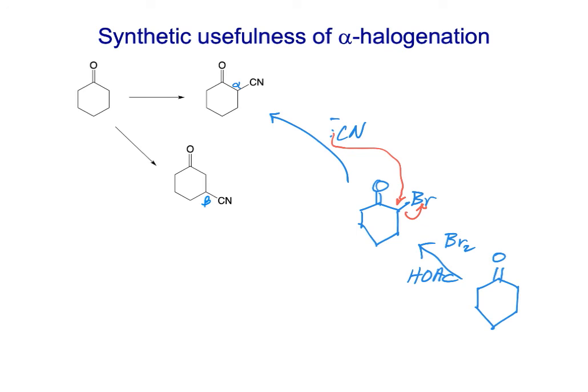But how do we get from the bromo ketone to the compound with the cyano group at the beta position? The way that we can accomplish that is by doing an elimination reaction to the alpha beta unsaturated ketone. And then if we add cyanide, remember, because cyanide is a weaker base, it does a 1,4 addition. Okay, and it puts that cyanide at the beta position.